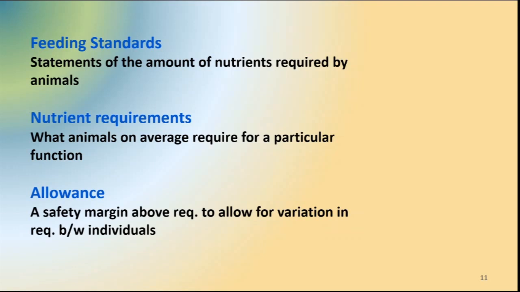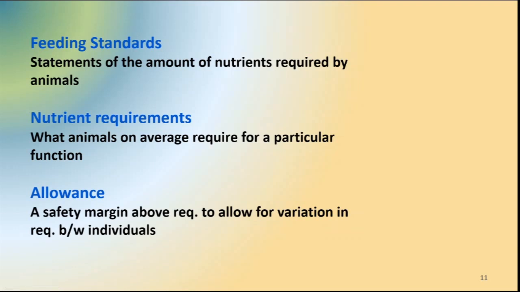When we formulate a ration, the nutrient requirements are on an average basis, whereas some of the animals are below the average, and some animals are above the average. So their nutrient requirement will always be different. Just to meet the nutrient requirement of those animals which are above the average of the herd, or the basis on which we are calculating the nutrient requirements, we give some safety margin, might be 5%, 10%.